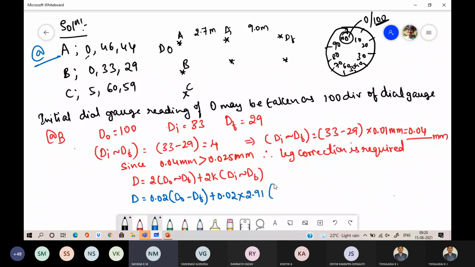What is DI minus DF? So D is equal to 0.02. What is D naught here? 100 minus 29, plus 0.02 into 0.91.